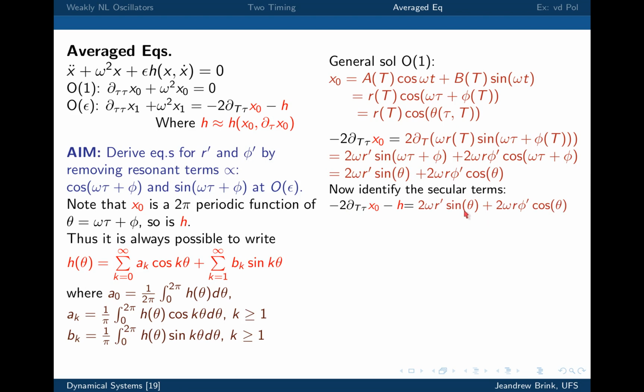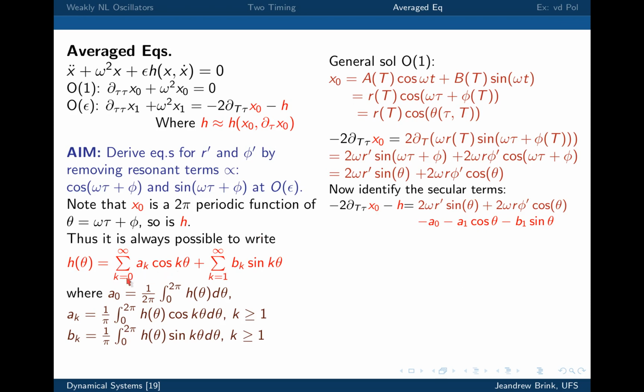And so we can see we have secular terms here because theta is basically omega tau plus phi. So we have a secular term there, and we have a secular term there, because both of them have the same frequencies as the oscillator over here. And then we have this h, okay? And so the way I'm going to write h, which is just this expansion, is to take the first few terms and separate them out. So when k is equal to 0, I have a0.